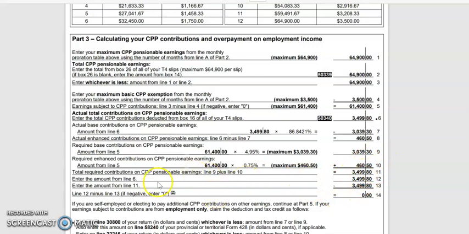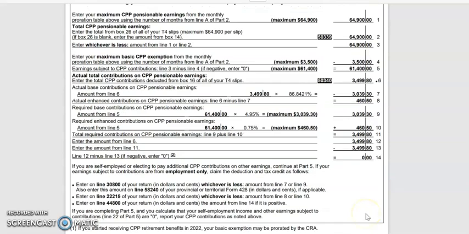So we have entered the amount from line 6 here, line 6, $3,499.80. Then here we've got enter the amount from line 11, which is your $3,499.80. And then line 12 minus line 13. If negative, enter 0. And of course they match, so that's where you put in your 0.